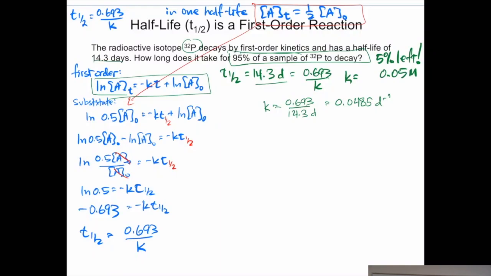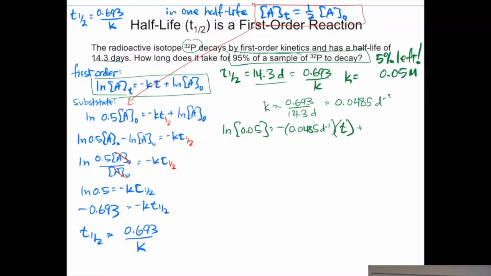So now we can plug it all in. Natural log of 0.05 is equal to negative 0.0485 per day, and we want to solve for t. How long does it take? And then we've got the initial concentration.